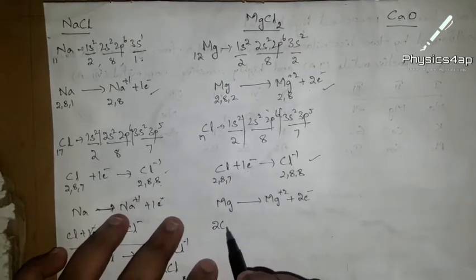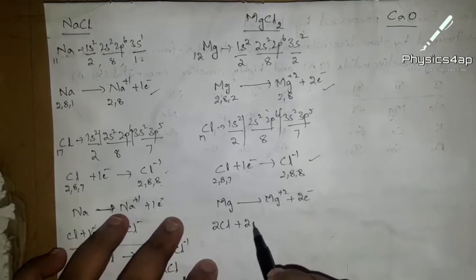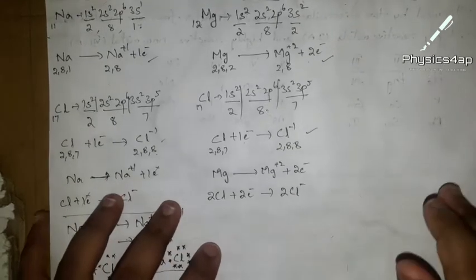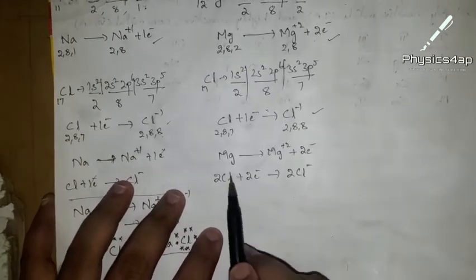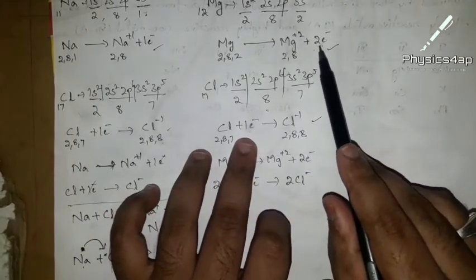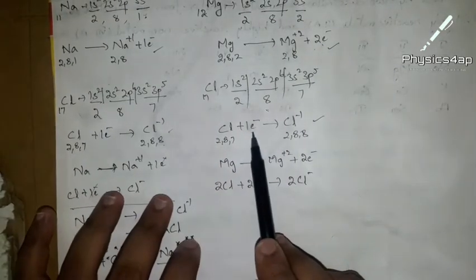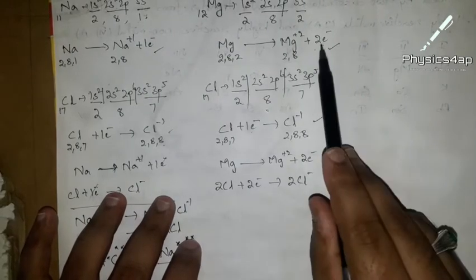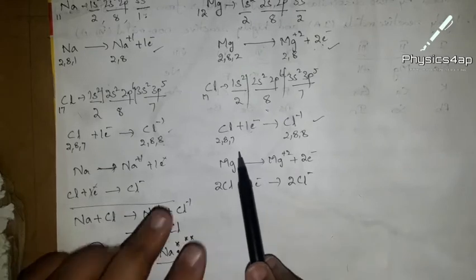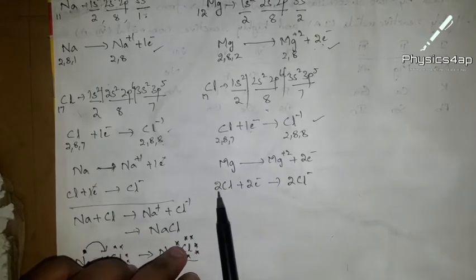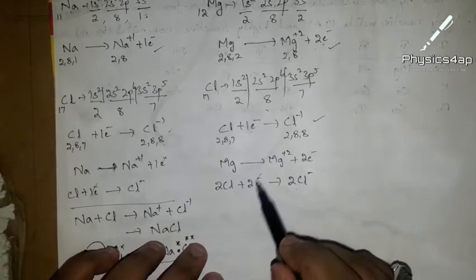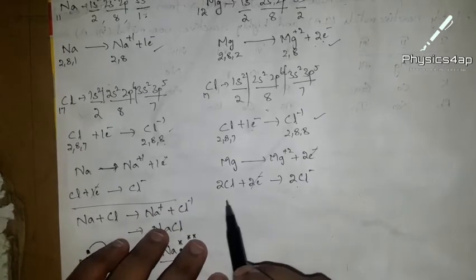Then we get 2Cl plus 2 electrons gives rise to 2Cl minus. I think you got what I am saying. To balance the electrons, here we have 2 electrons and here we have 1 electron, so we multiply this equation with 2. So here we have 2Cl, 2 electrons, 2Cl minus. Now we can cancel these 2 electrons.